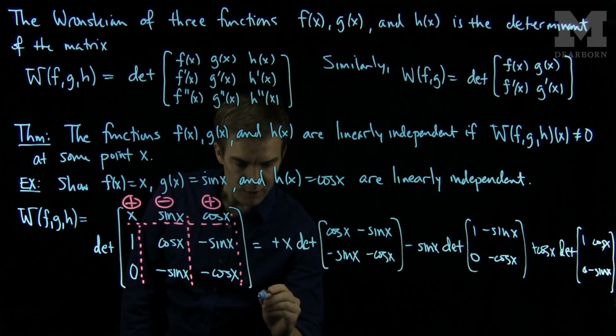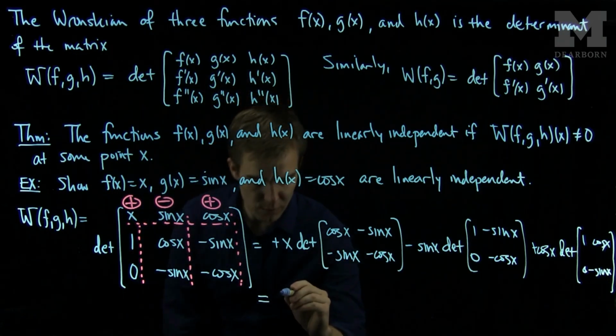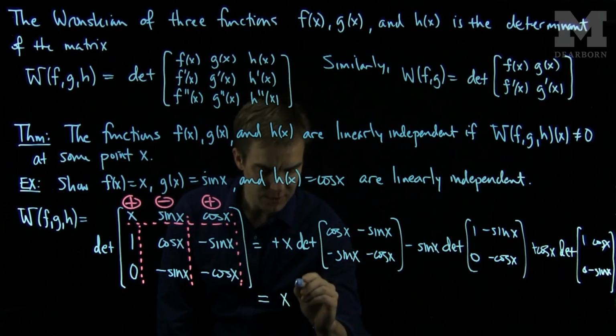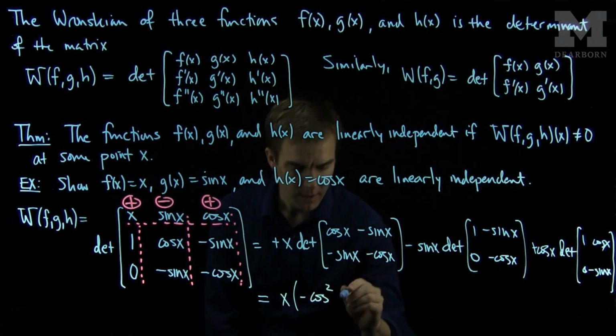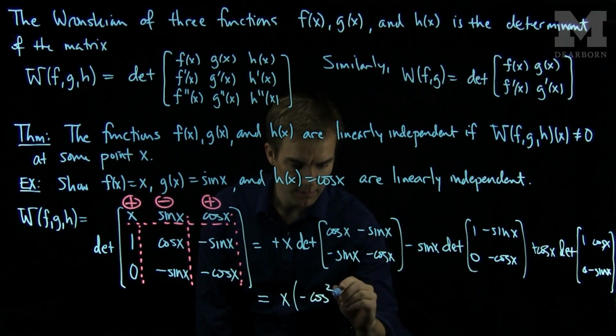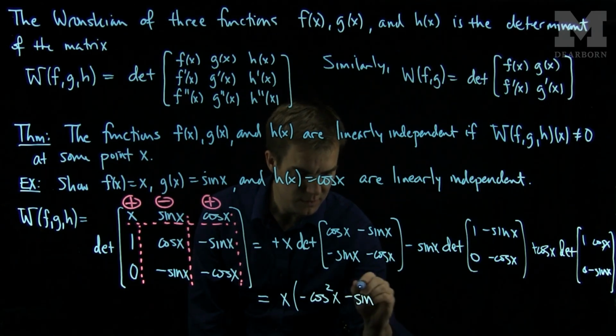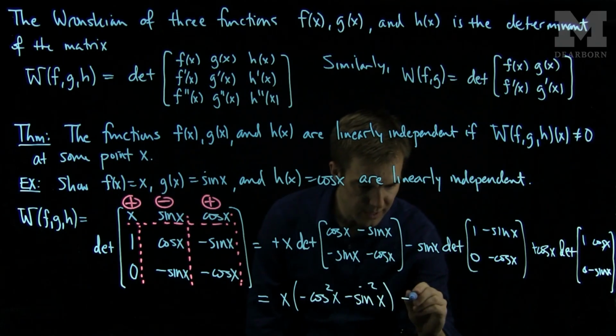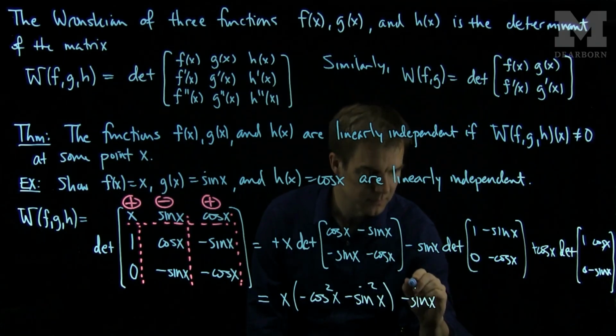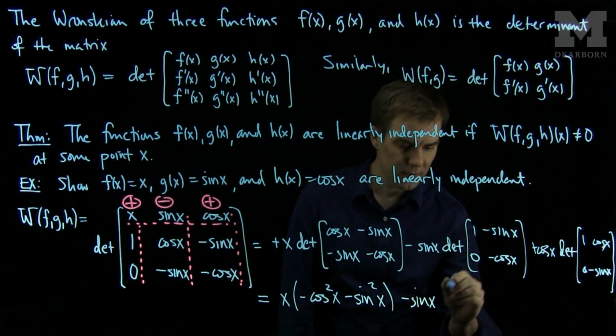So, computing these 2 by 2 determinants, we see that this is going to be x times negative cosine squared, and then I have a negative, negative, negative, so there'll be a negative sine squared x. Then I will have negative sine x, and then a negative cosine.